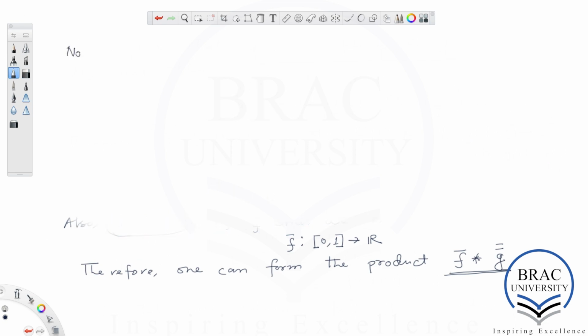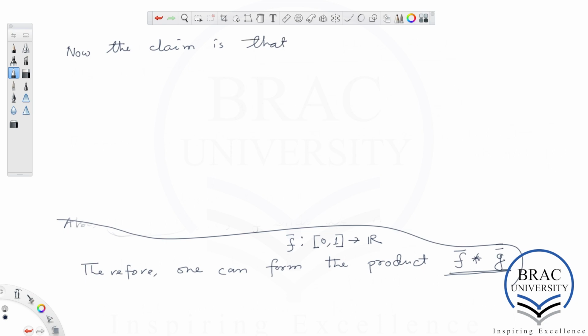Now the claim is that F bar star G double bar is the lifting of the loop F star G. One can always form the product of these two loops in the fundamental group of B with reference to the distinguished point B0, right?